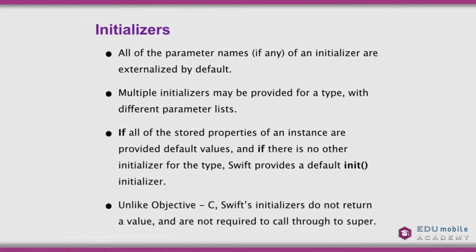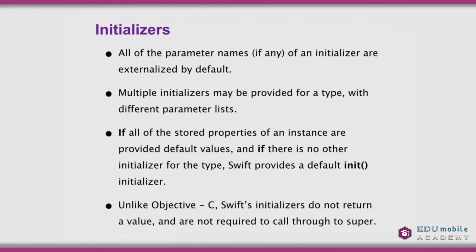Also, Swift's initializers are not required to call through to super. They can. If your class is a subclass of some other class and you want to inherit the behavior of the superclass's initializer, you can certainly do that. But remember, if you define a new class, it is not a subclass of NSObject.